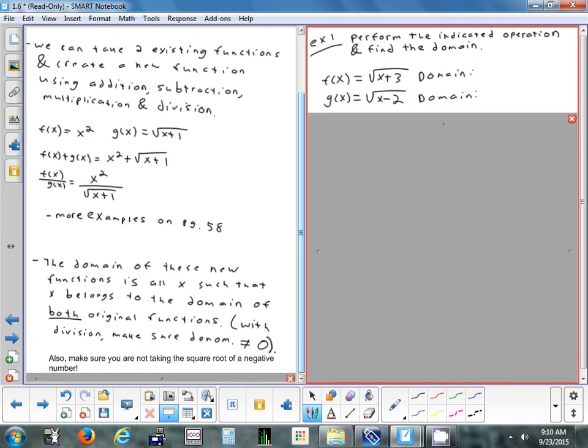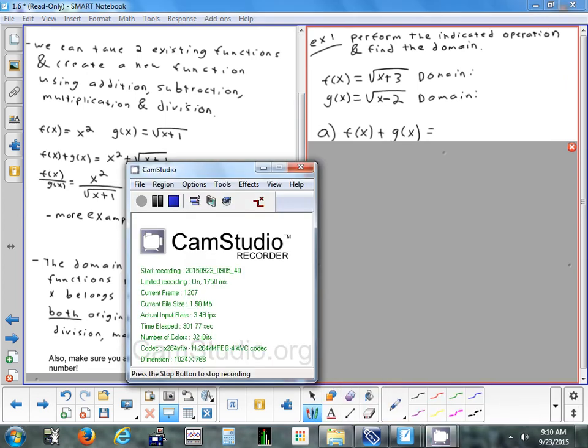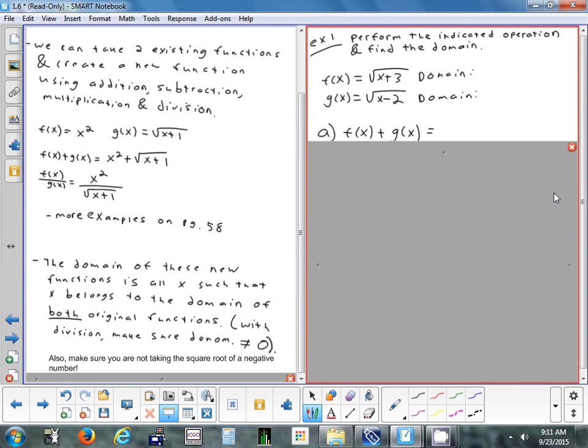So let's take these two functions, the square root of x plus 3 and the square root of x minus 2, and we're going to try to combine them together. The first way I'm going to do it is I'm just going to add them up. So remember what I just said: make sure we're never going to take the square root of a negative.